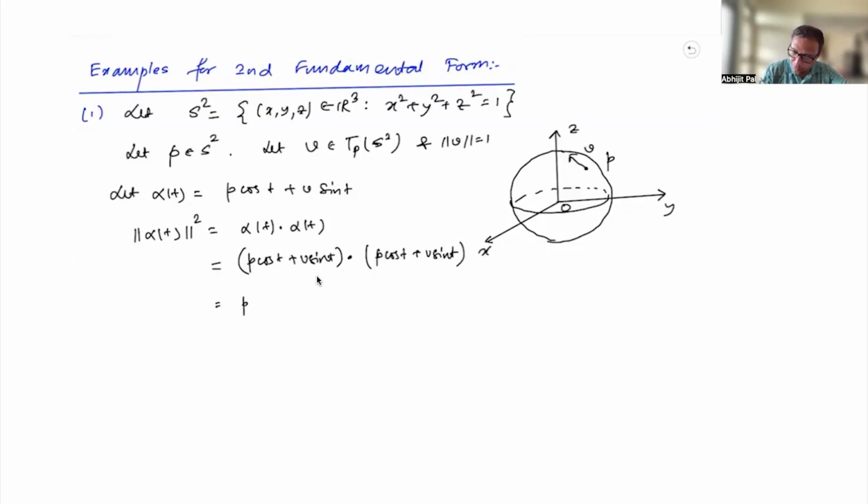So this is equal to P dot P cos squared t plus twice P dot V cos t sin t plus V dot V sin squared t. Now this P belongs to the unit sphere, therefore norm of P is equal to 1. This implies that norm of P squared is also equal to 1, and norm of P squared is P dot P. So P dot P is equal to 1.